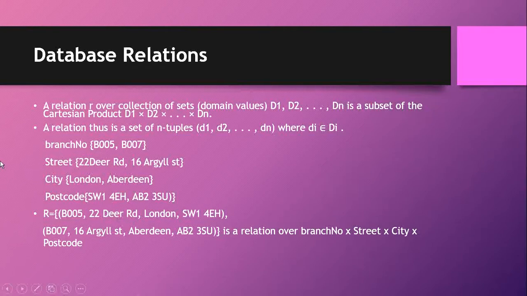The value d2 belongs to the street domain, the value London, that is the d3 value, belongs to the third domain city, and this fourth d4 value belongs to postcode, which is domain 4. So we have satisfied this condition that value d1 belongs to the first domain. In this way we can derive relations from the Cartesian product of domains.